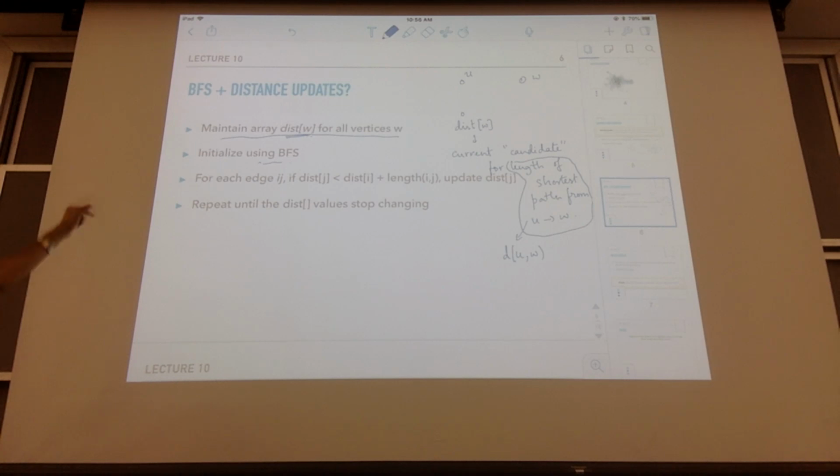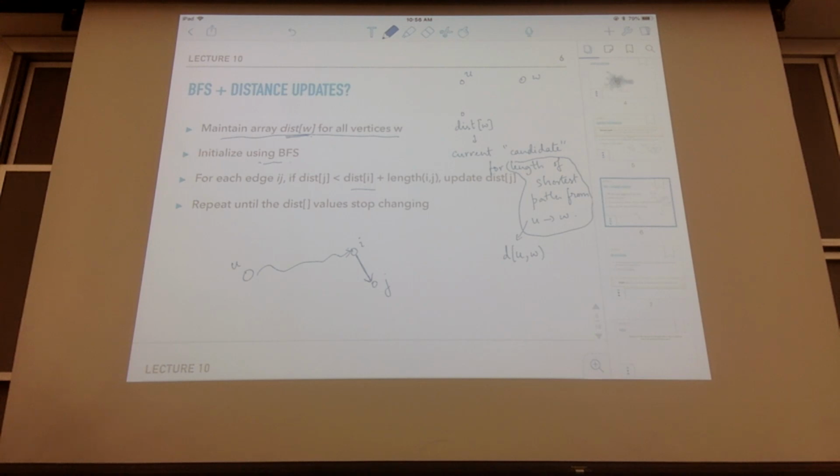And then we said you try to do these correction steps, which is for each edge ij, you check if there is some obvious improvement you can do, which is essentially you found some path from u to i of distance equal to this dist of i, plus the length of edge.